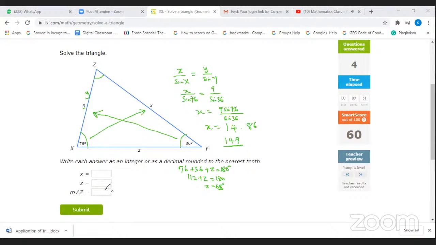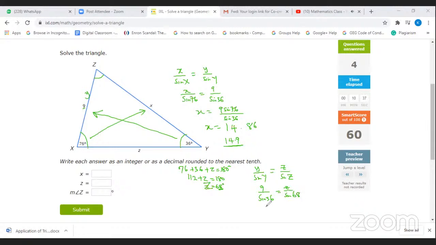That's angle z. This one is big Z, angle Z. So we now need small z. Since they have given us y before, it's better you apply y over sine big Y equals small z over sine big Z. So small y is 9 over sine 36 equals small z, which we don't know, over sine big Z, that is sine 68.